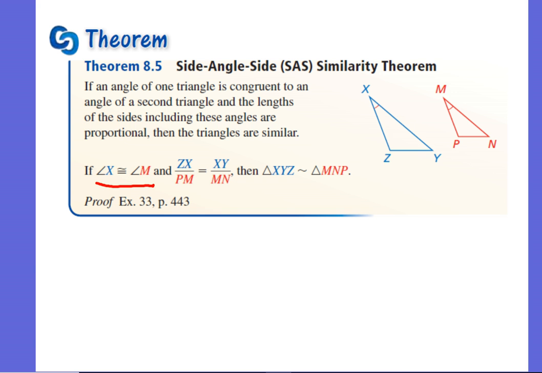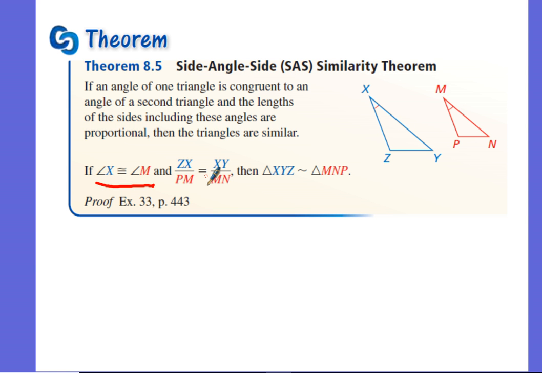So what do we mean? What we're saying here is that ZX, this one right here, is proportionate to PM just as XY is proportionate to MN. So basically these scale factors are the same. Maybe they have both been reduced by 1/2.